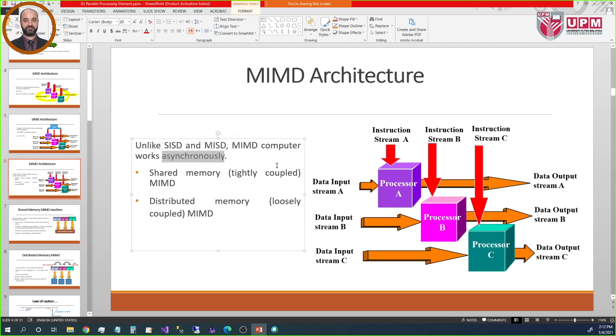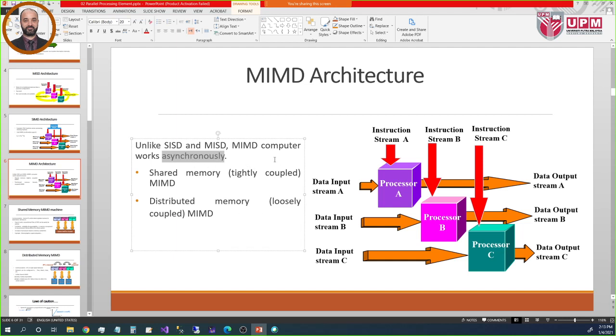Asynchronously means each processor can work independently, so they don't have to synchronize among all processors, because every processor could run different instructions, which may be related to the same application or to different applications.